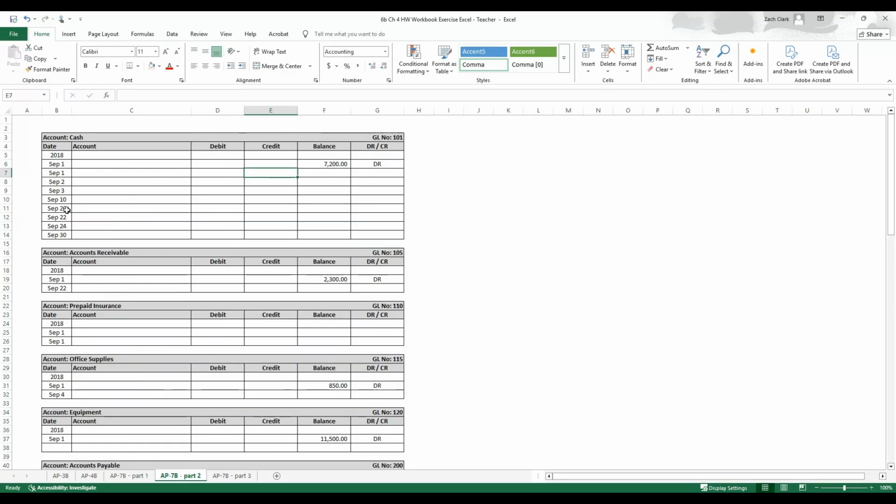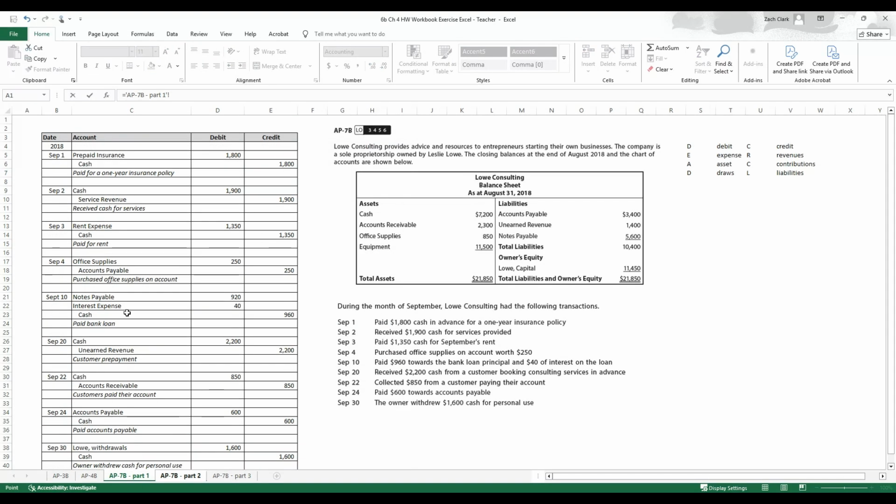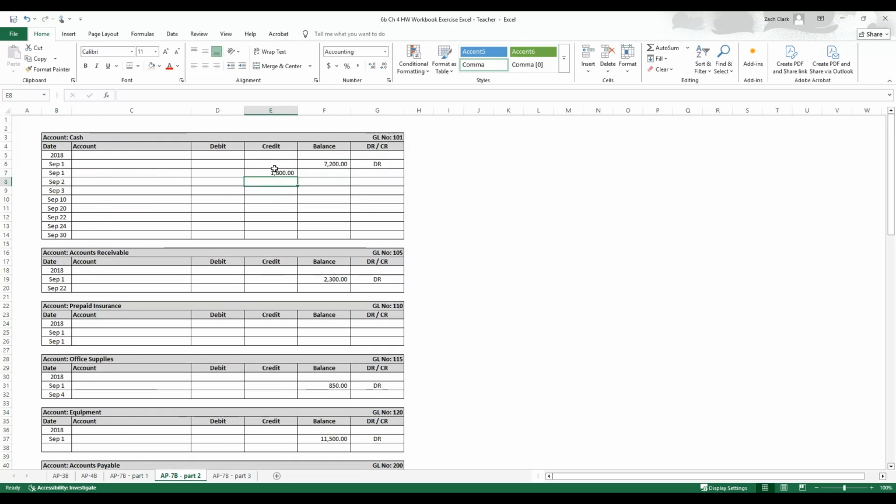So we're going to go here to the ledger. I've already put all the dates in, so that is something that you don't have to mess with here. But then we can just go equals, and then you can click into this other tab and click into the cash journal entry there. I find that to be kind of an easy way just to link everything.